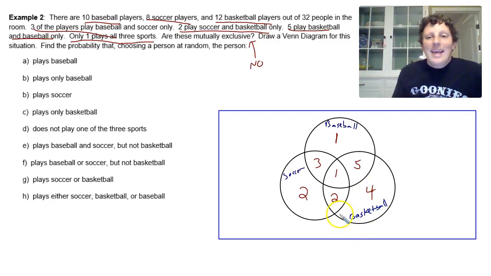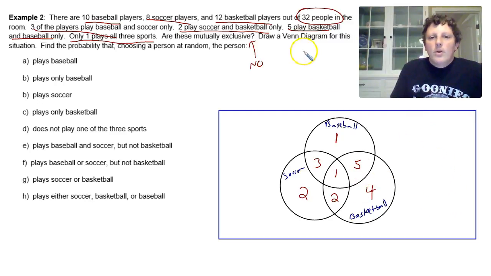Now, have we accounted for everyone? Well, we know that there's a total of 32 people in the room. How many have we accounted for? So let's add these up. Let's see, 1 plus 3 is 4, 6, 8, 9, 14, 18. Only 18 of the 32. So there's a lot of people in the room that aren't playing any of the sports.